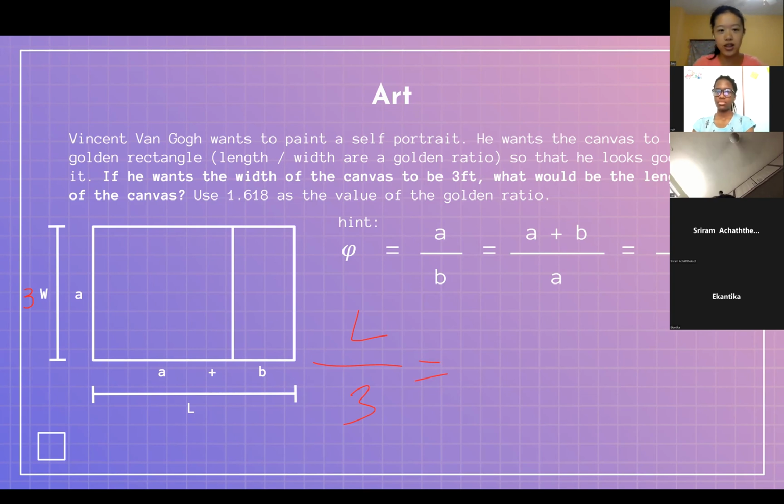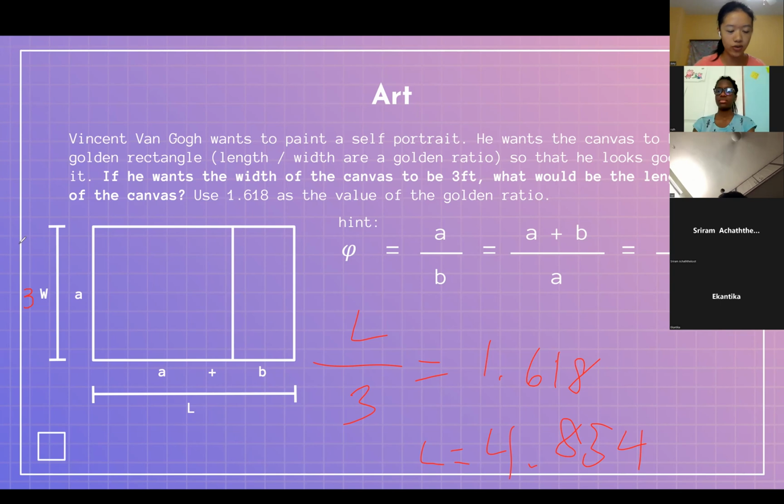This should roughly equal 1.618, the golden ratio. If we multiply both sides by 3, then you would get 1.618 times 3, which is around 4.854. So yeah, that would be the answer.